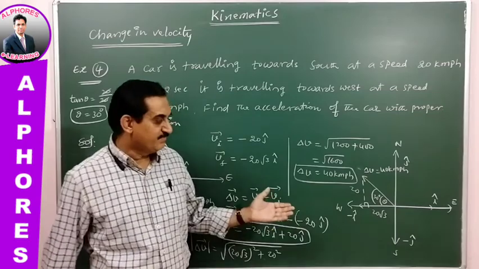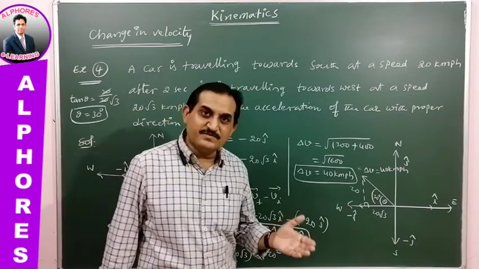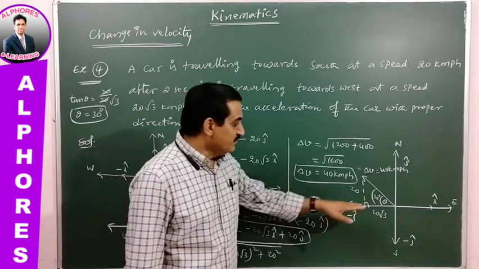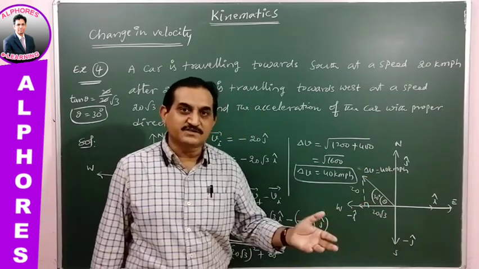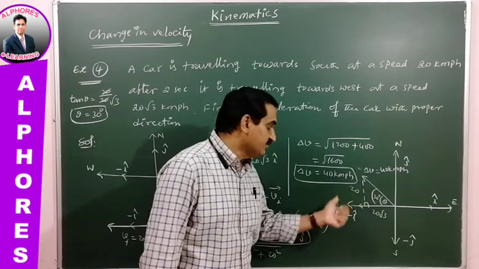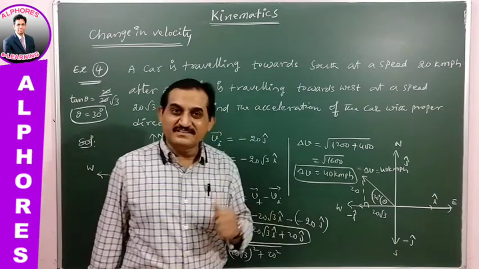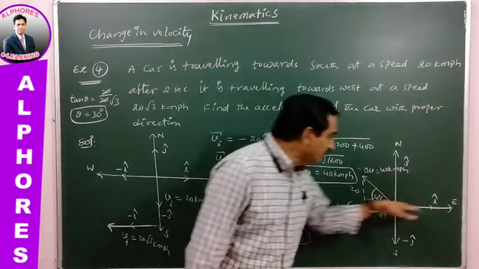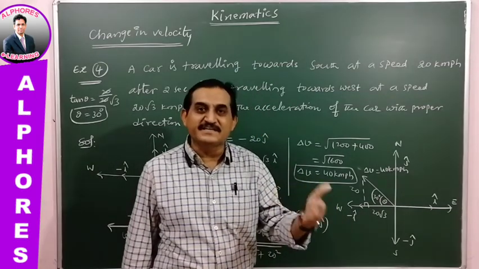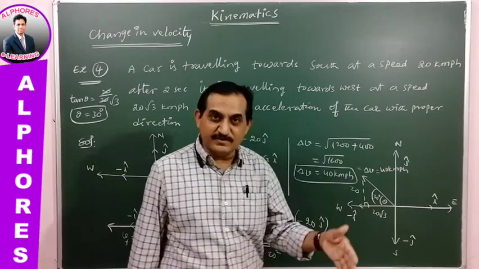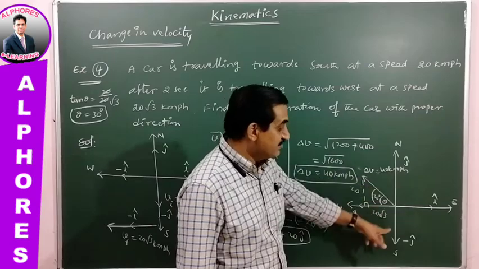with the west. Therefore, the east-west direction is taken as the reference. North and south directions are differentiated clearly by this east-west line, because the change in velocity is making an angle of 30 degrees with the west. As a whole, the line with which the change in velocity makes a certain angle is taken as the reference, which differentiates the two other directions, that is north and south.